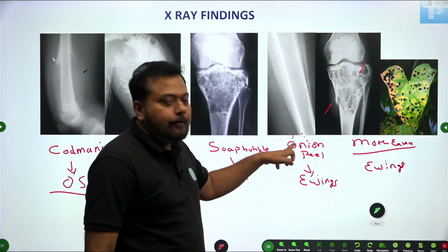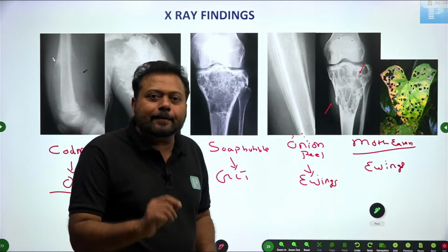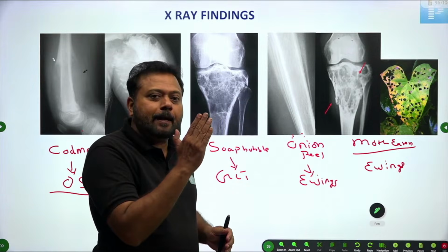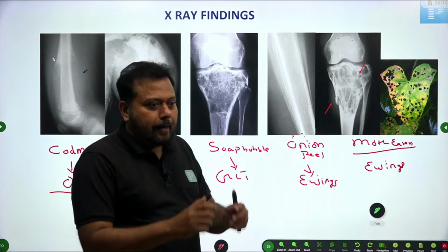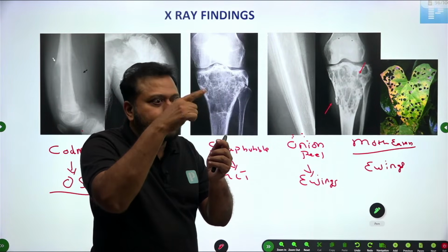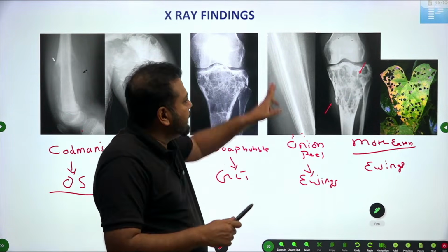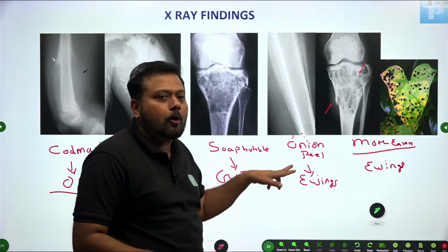In case of Ewing sarcoma, periosteal reaction is also happening. The periosteum becomes multi-layered, multiple stripped layers, as if you are opening an onion. When you peel an onion, you can see multiple layers. Like that, the periosteum is seen in multiple striped layers, and this is called onion peel.